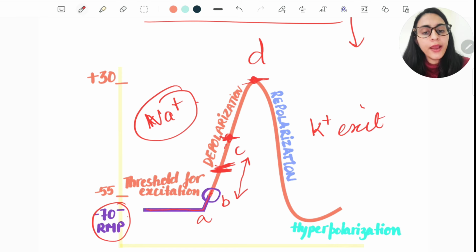After that, since so much sodium has come in, there is a rise or spike in the action potential. So again, they can ask questions like this. Somewhere between point A and point B, the potassium exit will start, but the potassium exit is very small.